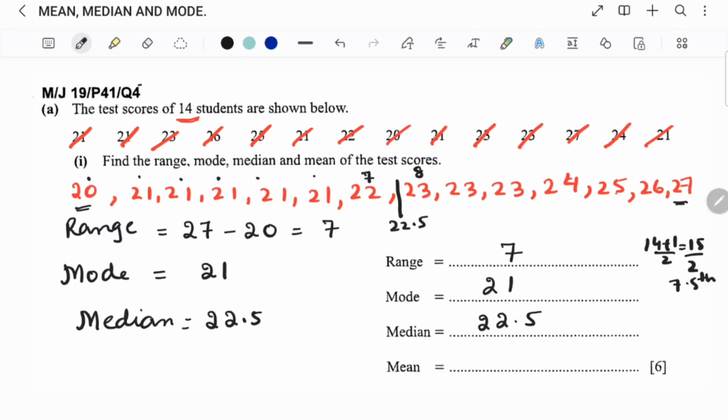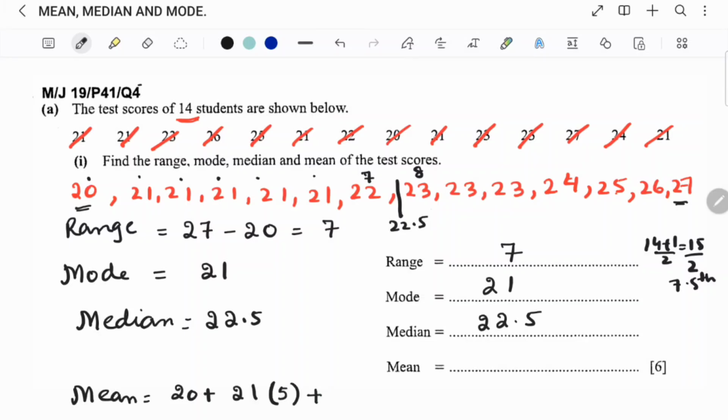So what do you do? You just see how many numbers there are. There are 14. So the mean is equal to 20 plus 21, which is coming 5 times, we know. So rather than doing 21, 21, 21, you just do 21 times 5.